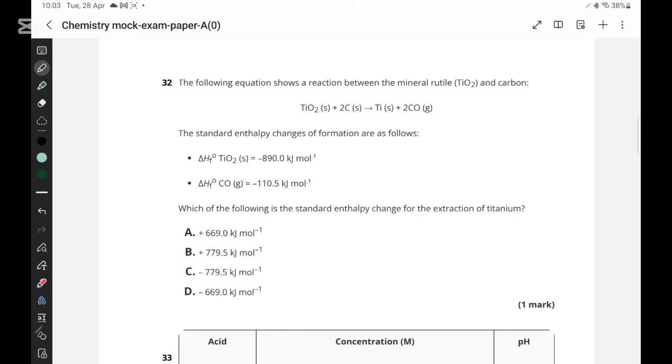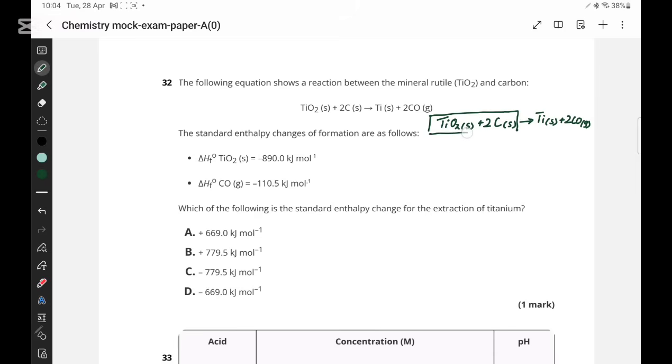The following equation shows a reaction between the mineral rutile TiO2 and carbon. So we have the equation TiO2 in solid state plus 2 carbon in solid state, and they are forming titanium in solid state plus 2 carbon monoxide in gas form.